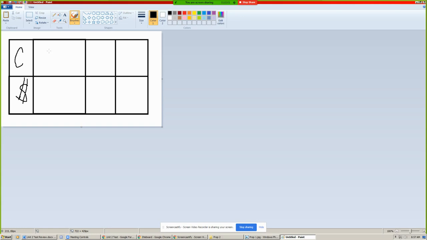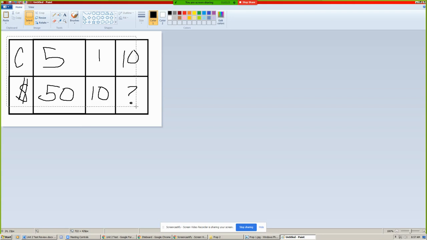For instance, say 5 bags of cereal costs $50. You're going to find that 1 bag of cereal costs 10, and you're going to use that to find for 10 bags of cereal. So you're creating a full unit rate box.